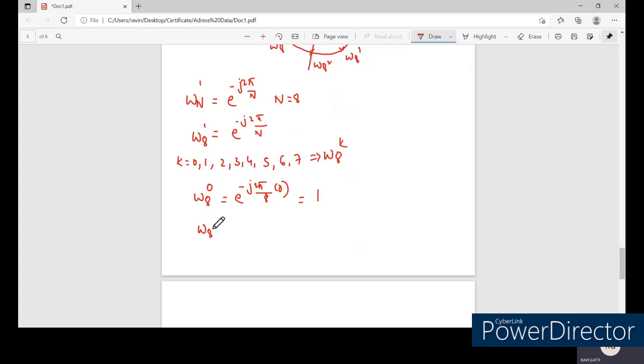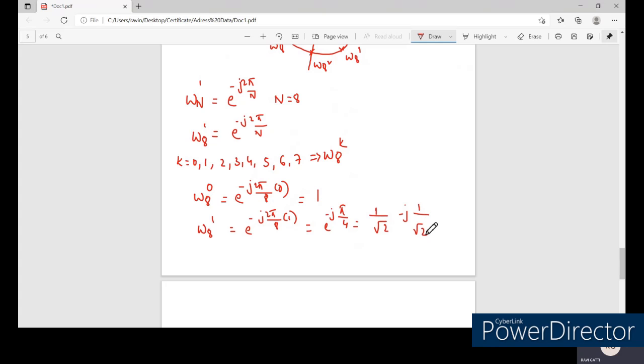Similarly, omega 8 to the power of 1 is e to the power of minus j 2 pi by 8 into 1. When you substitute that, you get e to the power of minus j pi by 4. Representing this in terms of cos and sin, you get 1 by root 2 minus j 1 by root 2.